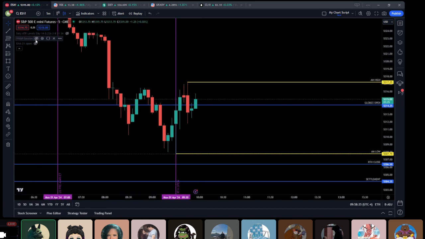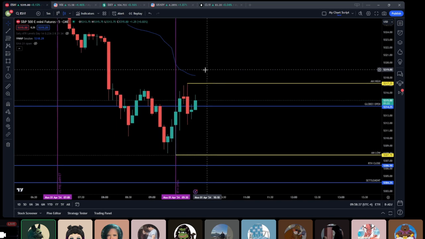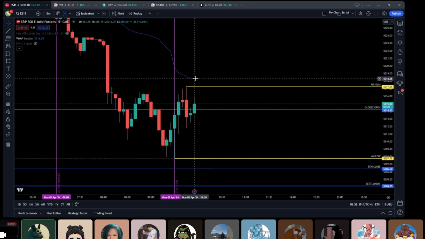And if we turn on VWAP, we're well below VWAP right here. So my stop loss would be right here at VWAP.